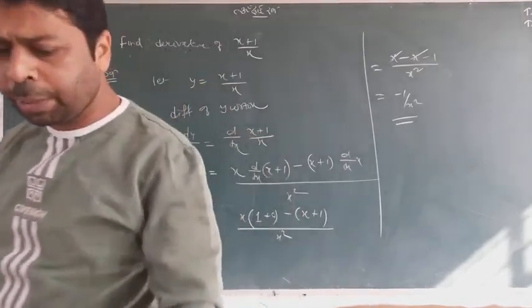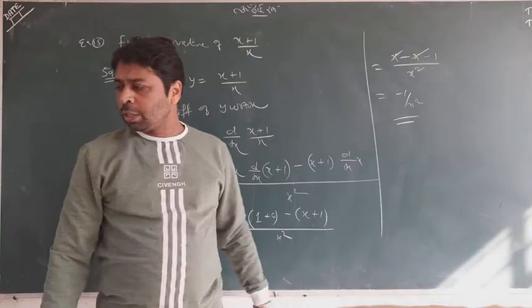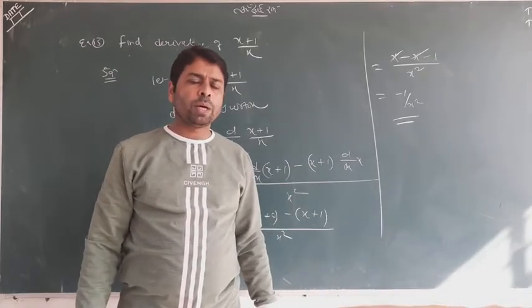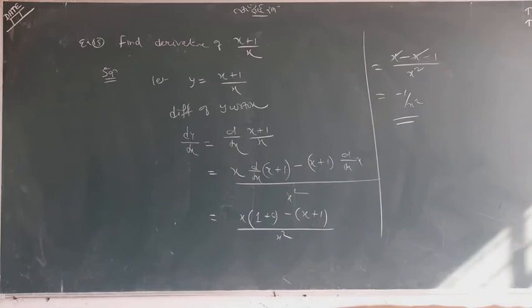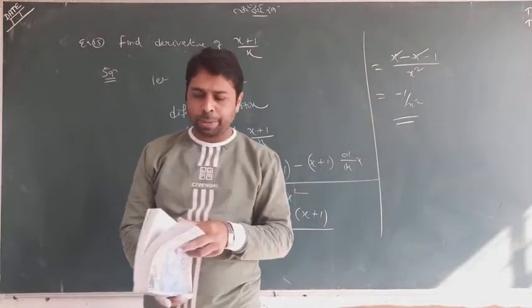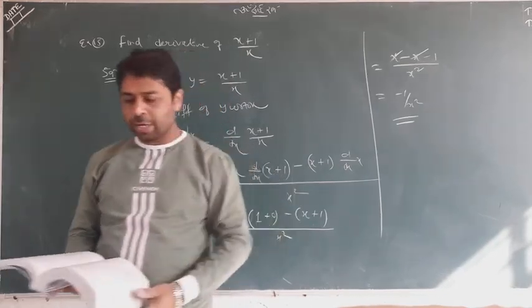So it was a simple question which was in a book. Now students, you can try from the exercise directly. You can try the exercise: the 16th and 17th examples, both already explained. The 18th is yet to be done.